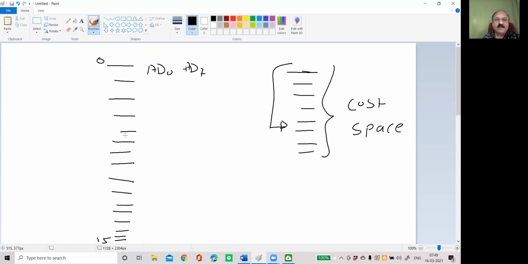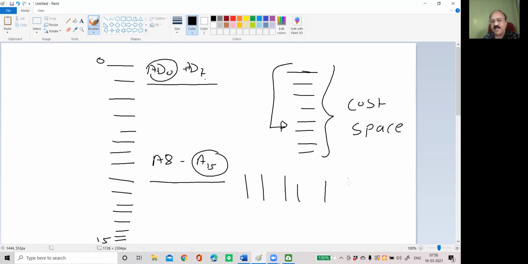When data is to be given between microprocessor and memory, it will be at the AD0 to AD7. And when the address is given, it will be also A0 to A7 and A8 to A15. So when it is a 16-bit address, it will be from AD0 to AD15. And when it is data, it will be on AD0 to AD7, called address data.